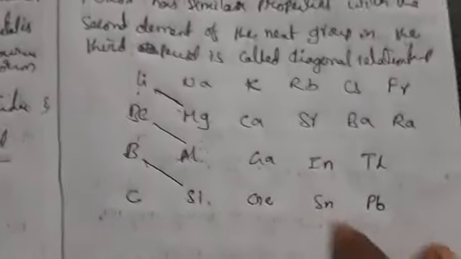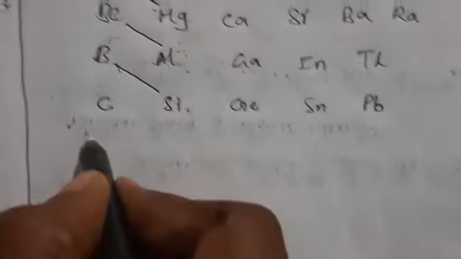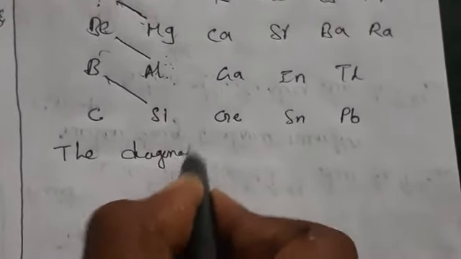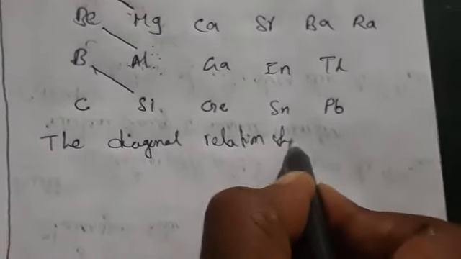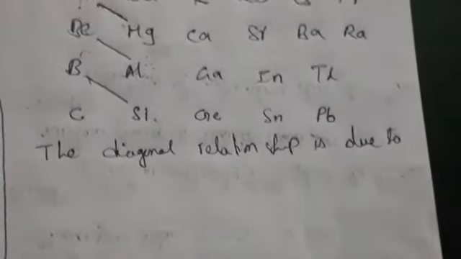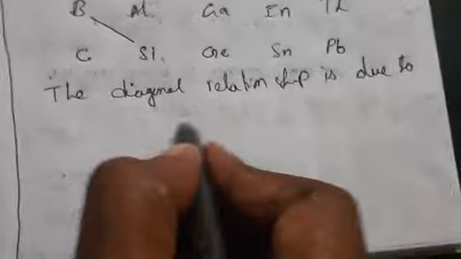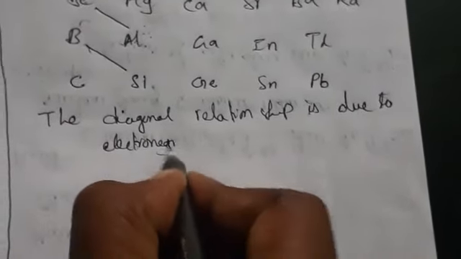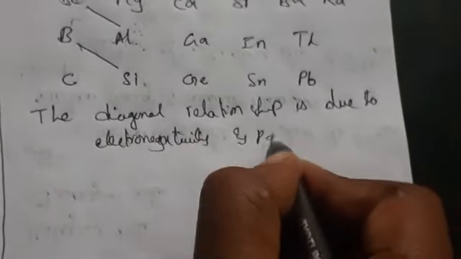The reason for the diagonal relationship is similar electronegativity and polarizing power.